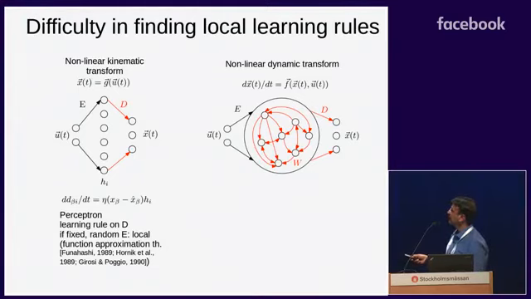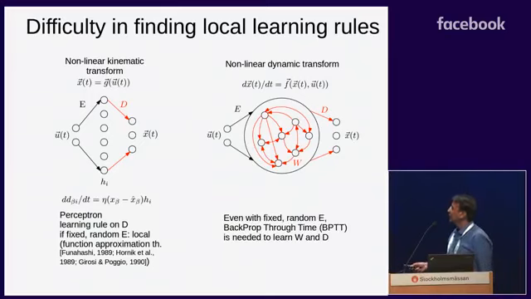This is where the low-pass filtering or leaky integration of these neurons helps, because the W effectively implements the function F, and the integration of X is done because of the integrating nature of these neurons. But now with a recurrent network, even with fixed random input weights E, you require backpropagation through time to learn Ws and Ds.